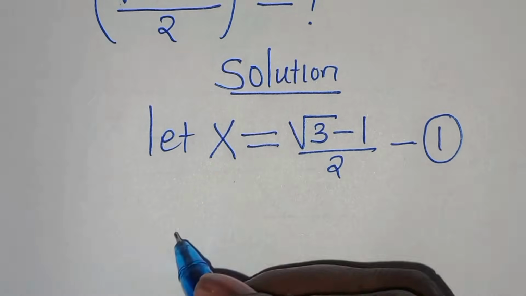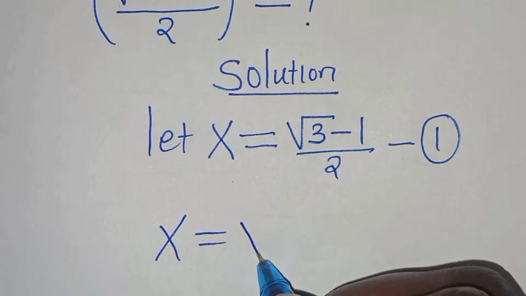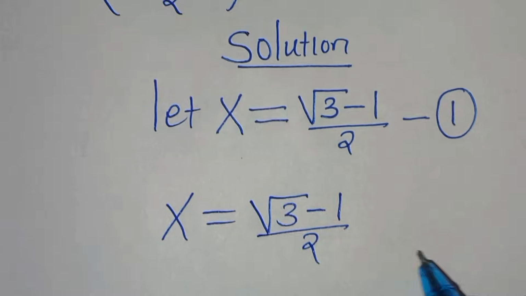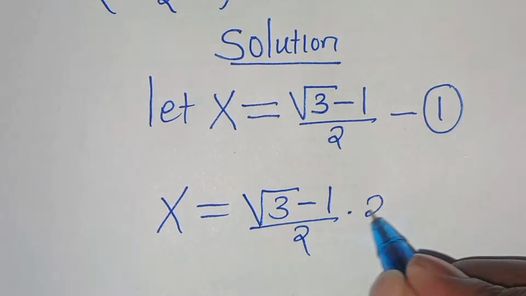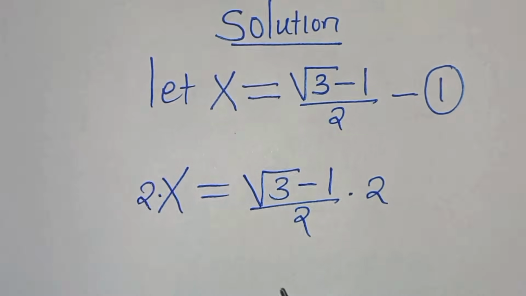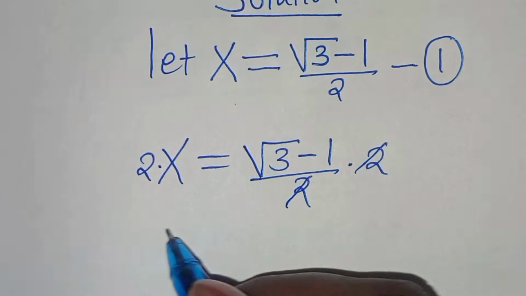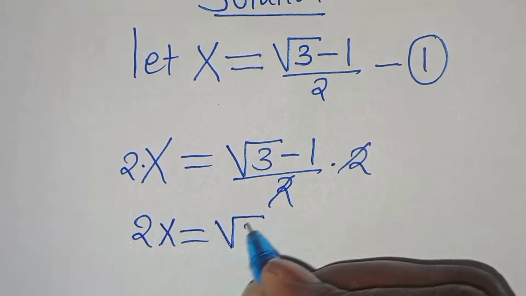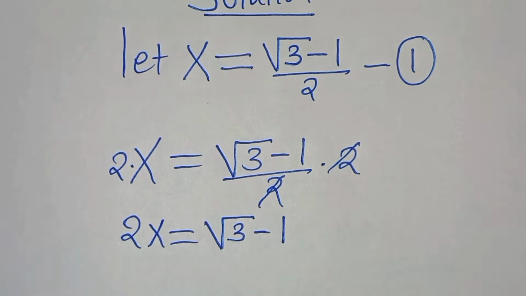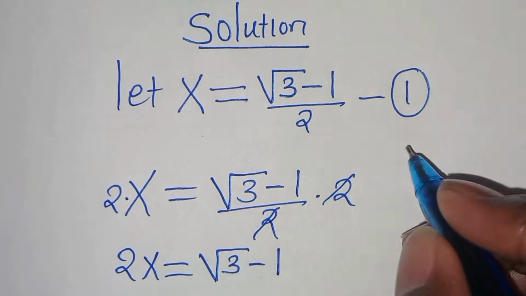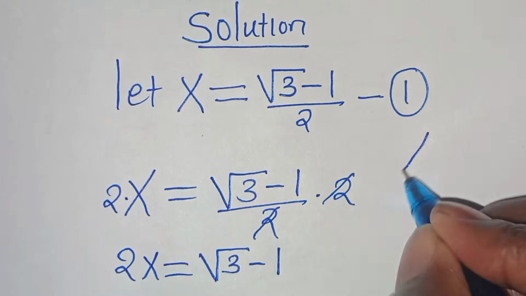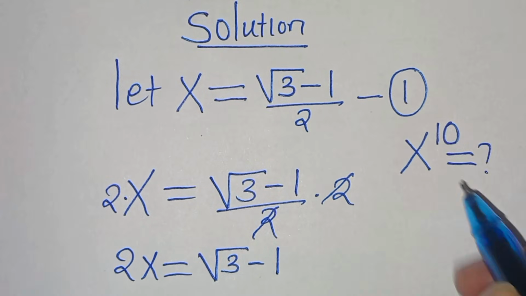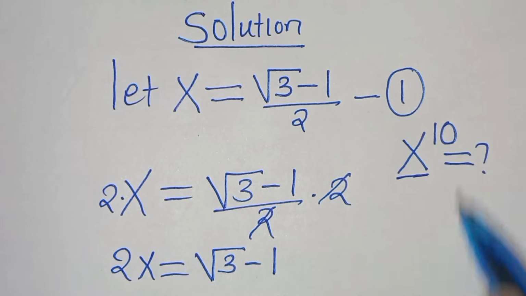Now, given that x is equal to square root of 3 minus 1 over 2, let's multiply both sides by 2, so that now here we have 2x, which is equal to square root of 3 minus 1. Remember, our task is to get what is x to the power of 10.